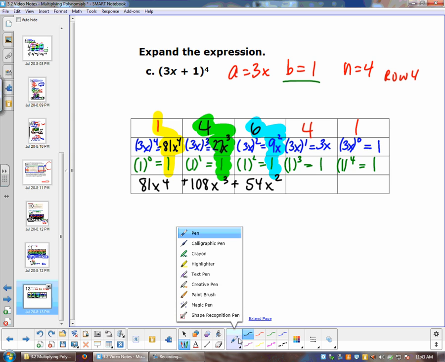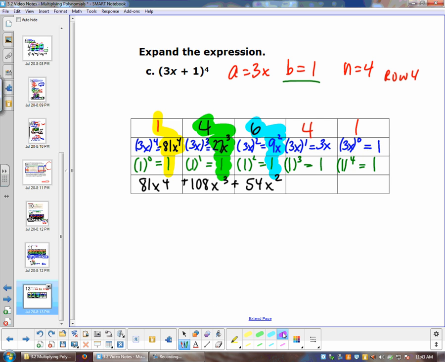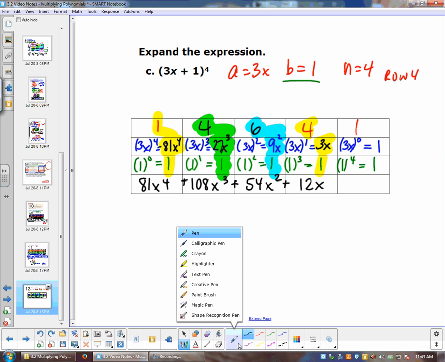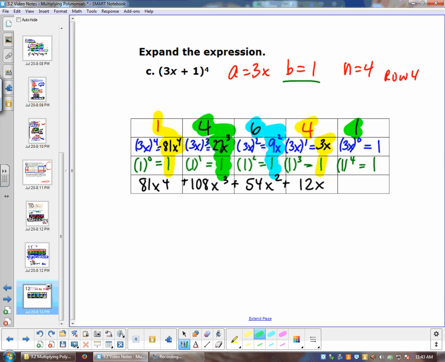Moving on to the next column, we're going to have 4 times 3x times 1. That will give us a positive 12x. And then finally, we're going to end up here with 1 times 1 times 1, which will just lead us back to a positive 1.